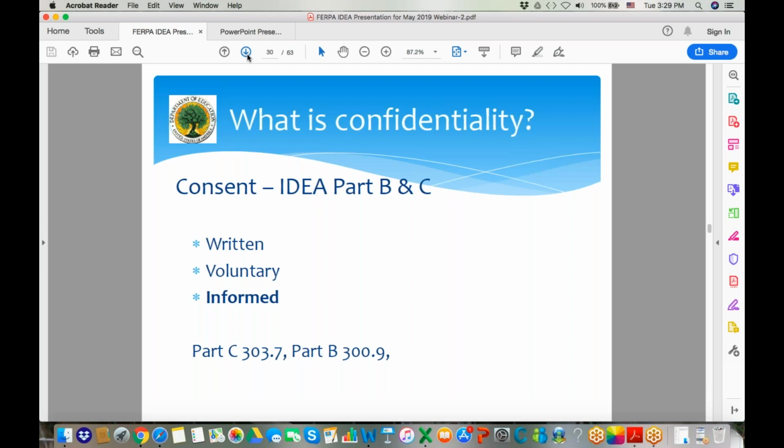If they want to get that consent such that it would hold up under IDEA, they would have to ensure that the explanation identified the kinds of documents or information that could be shared back with the EDI program. For example, determination of eligibility, or if a copy of the IFSP would be shared. So it has to be somewhat detailed. That is broader than the FERPA definition of consent. Next slide, please.